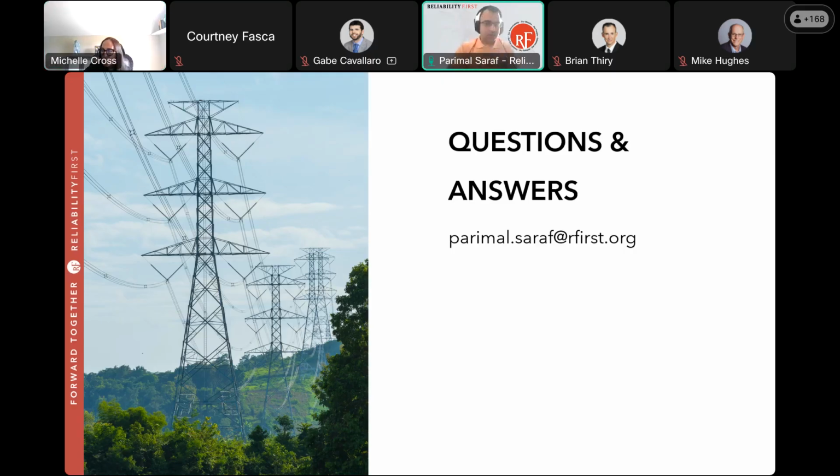Sure. So essentially, if we look at frequency events that happen in the grid, if we compare a conventional machine versus an IBR, when there's a frequency event, the first thing that restricts the drop in frequency is the rotor of the synchronous machine, because it's a huge inertial device or body, right?